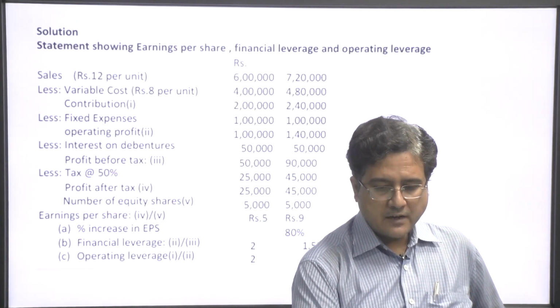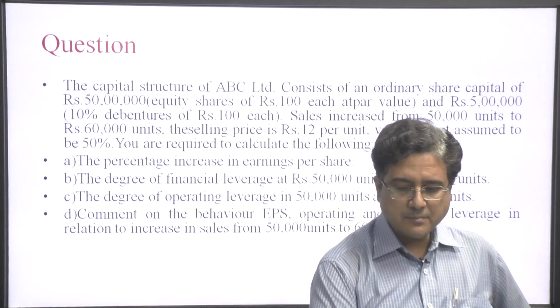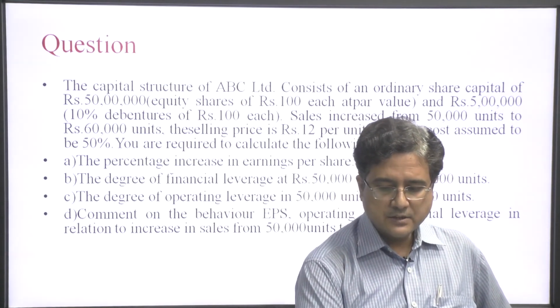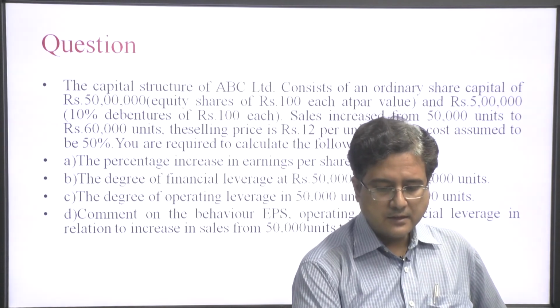Similarly, we have a question: the capital structure of company ABC has ordinary shares of 5 lakh rupees, 10% debentures, sales 50 lakhs.